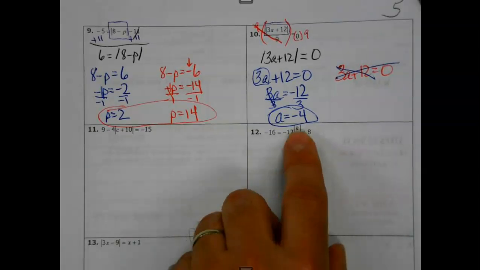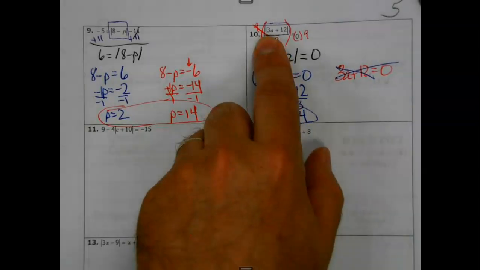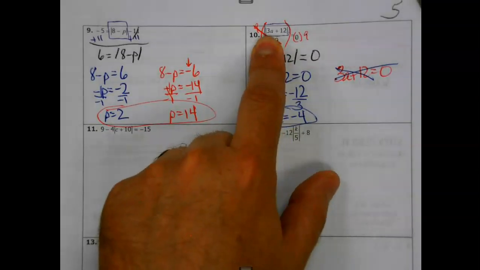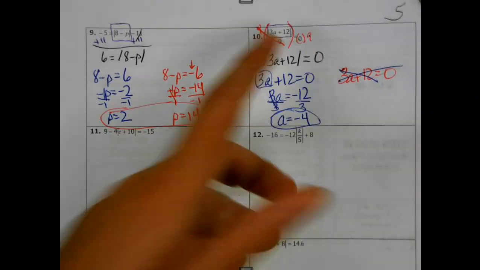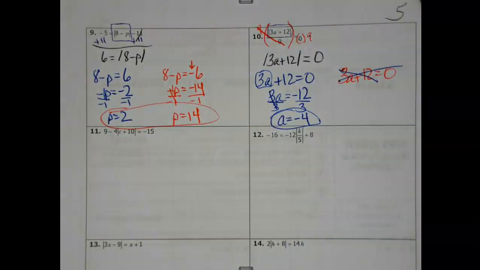So we're going to double check. If I plug in negative 4, 3 times negative 4 is negative 12. Plus 12 is 0. 0 divided by 9 is 0. So we're still good. And positive numbers just about always are going to work. So I'm feeling comfortable with that one.